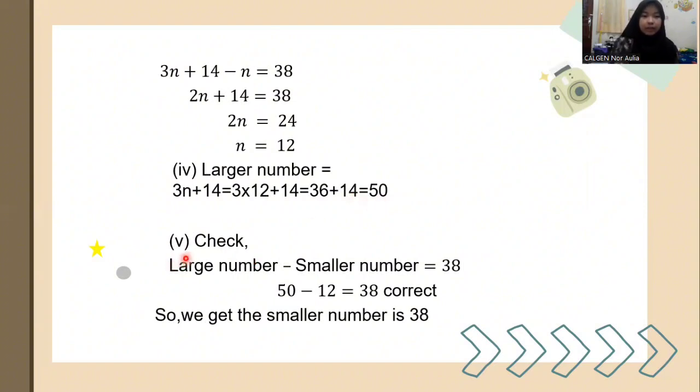And the last step, we check: large number minus smaller number equals 38. We know the large number is 50 and the small number is 12. So 50 minus 12 equals 38. So we get the small number is 12.